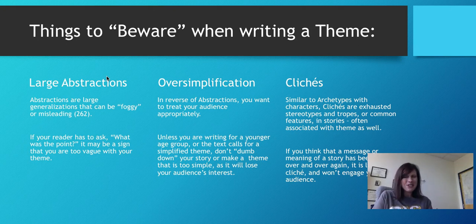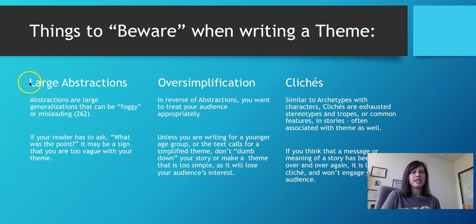It's a little bit cliche because it's been done over and over again. So if authors decide to go with a theme like that, they try to change it up or incorporate something fresh to make audiences not feel like they've seen this same meaning over and over again. If you are thinking in your head as you're reading, oh, I know what this is about, I've seen this message, it's probably cliche. So you just want to avoid these 3 things in your themes.